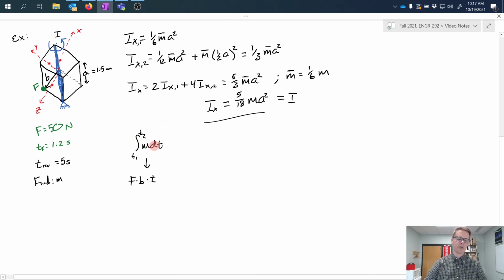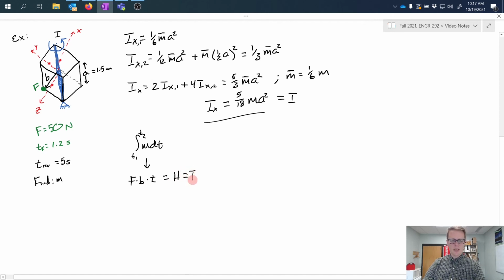So if that force is constant over that time, then we can pull that out of the integral, and we basically just have change in time. This is then equal to the change in angular momentum, and we start from rest and go to some new angular momentum, and that basically completes the equation.